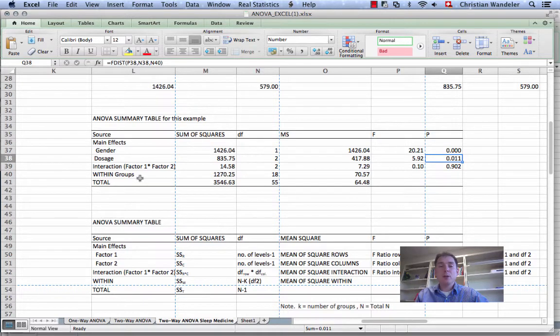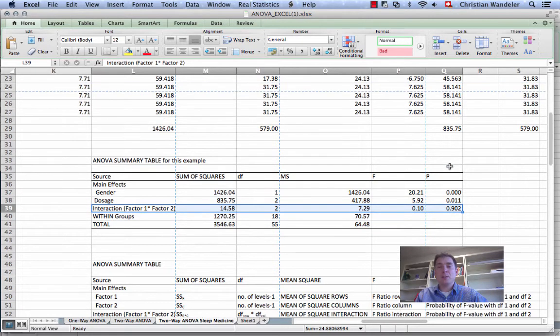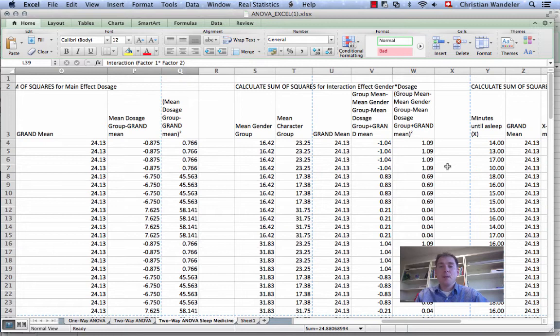Now we get to the last effect here, that's the interaction, and this is the trickiest one to calculate, because for the interaction effect we calculate the mean for the gender group, the mean for the dosage group, and the grand mean.